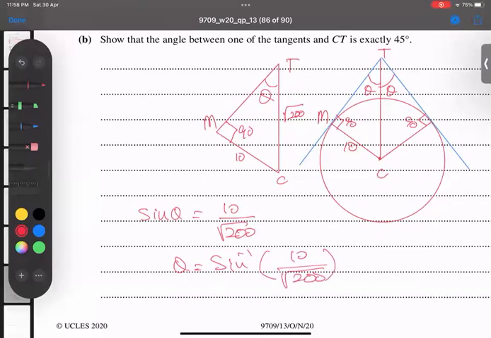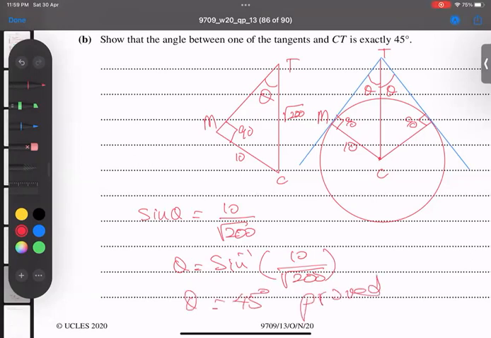Just type it in the calculator, sine inverse, and make sure, as in the previous question we were doing radians, if I type without checking our calculator, I get a wrong answer. So now I'm typing it. First I converted and I'm getting the answer 45 sharp. Proved.